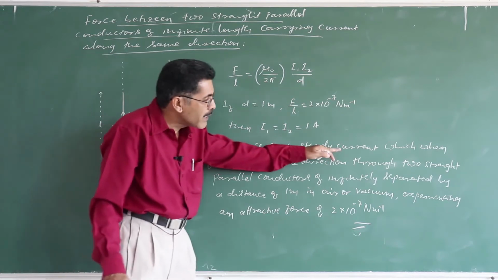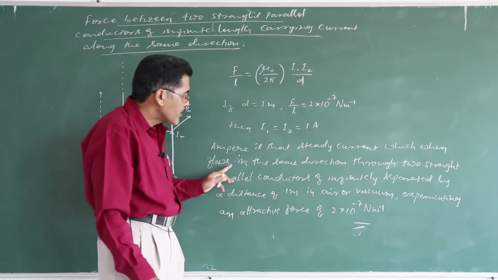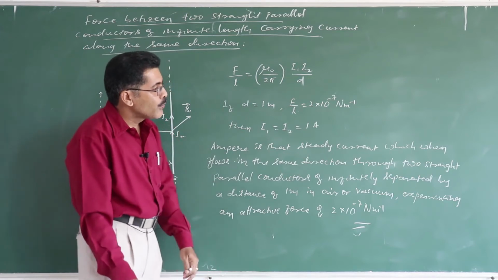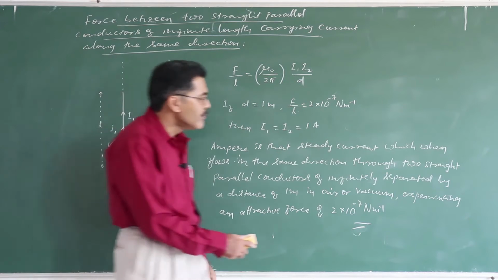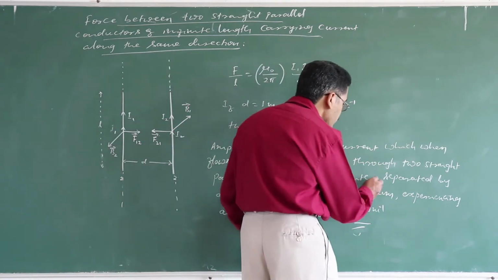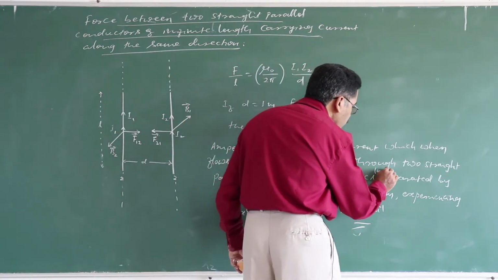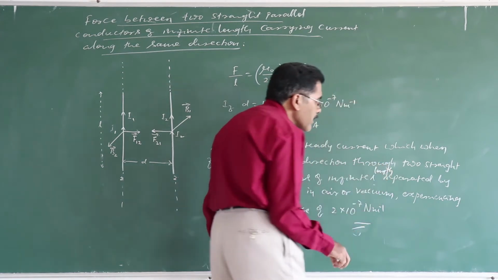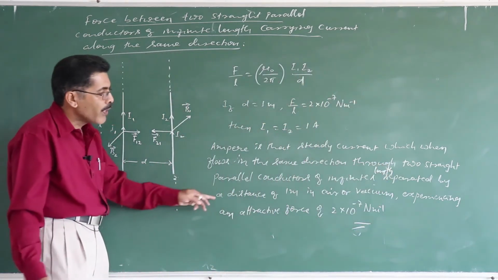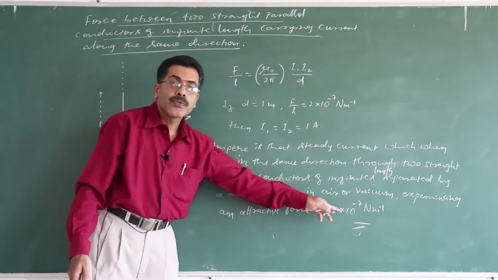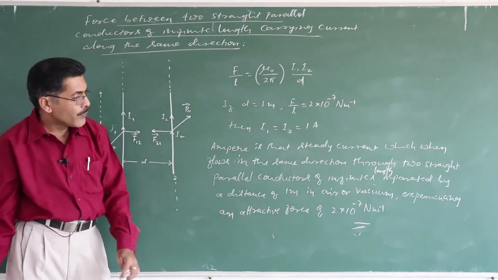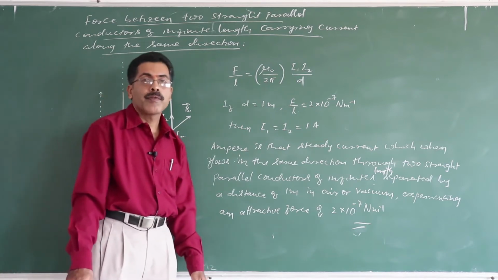Ampere is that steady current which when flows in the same direction through two straight parallel conductors of infinite length, separated by a distance of 1 meter in air or vacuum, experiencing an attractive force of 2 into 10 raised to minus 7 Newton per meter.